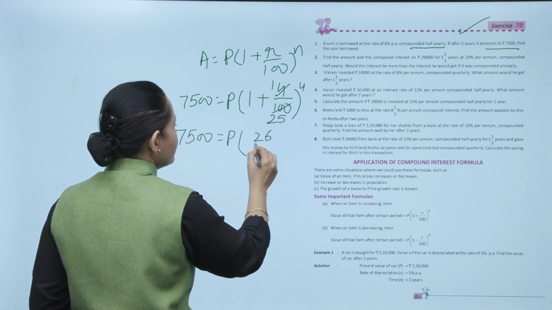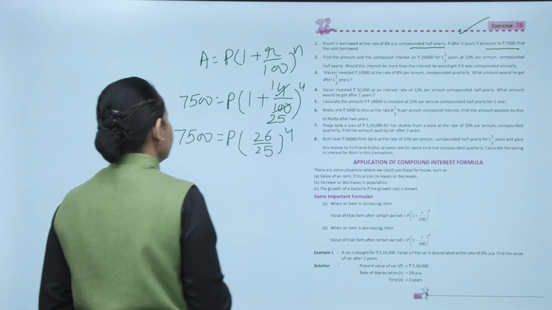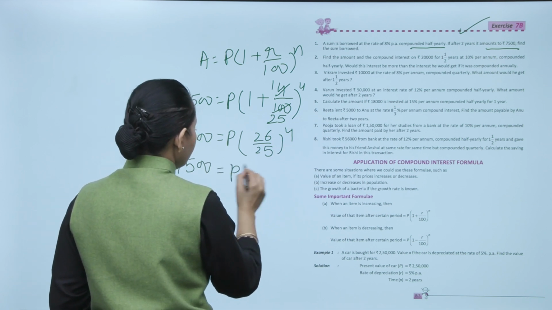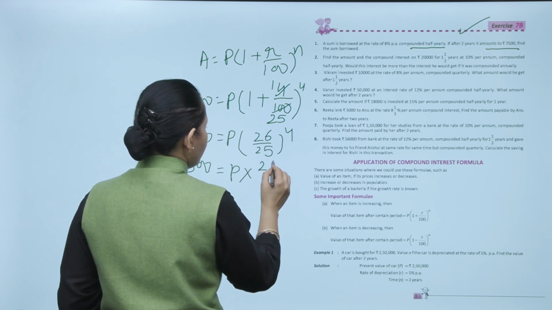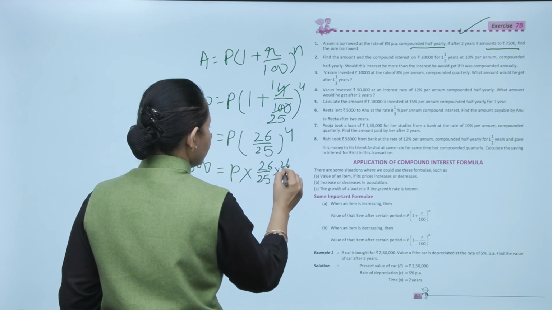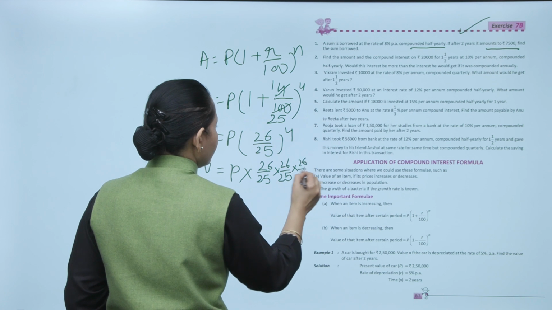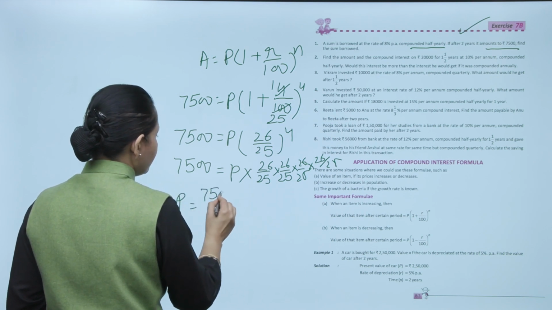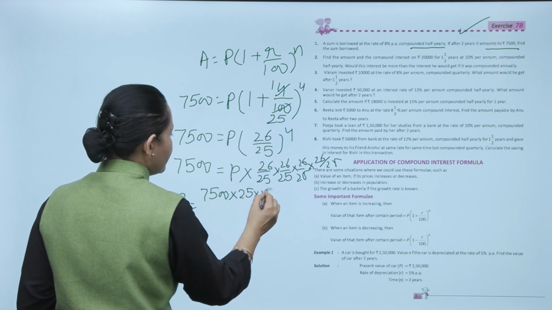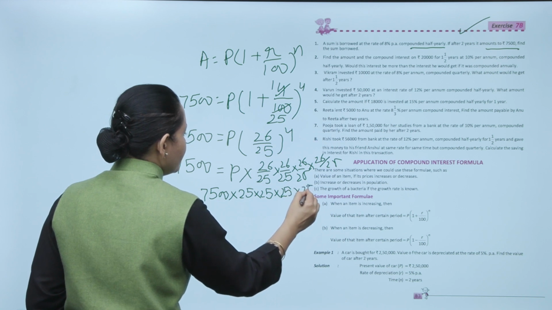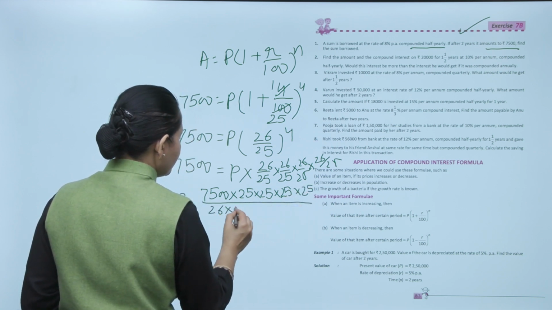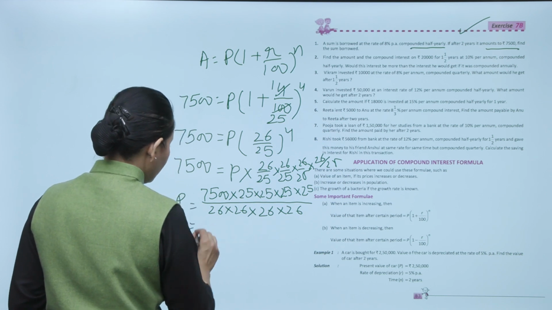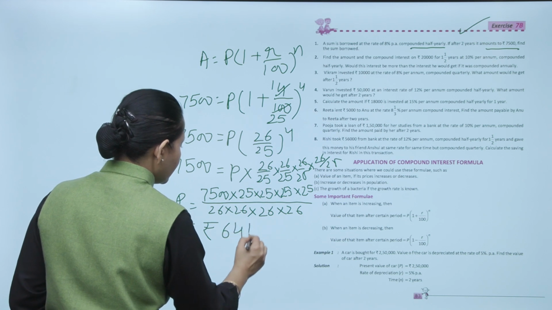7,500 equals P(1 + 1/25)^4, that is P(26/25)^4. So 26/25 four times. So P equals 7,500 multiplied by 25 × 25 × 25 × 25 upon 26 × 26 × 26 × 26. When you solve this, you will get an approximate value, that is 6,411 rupees.